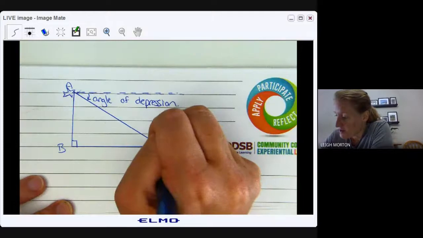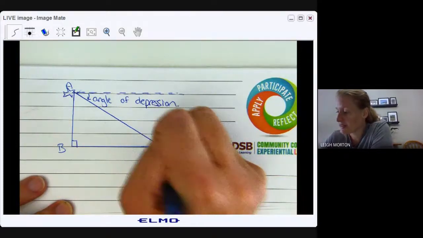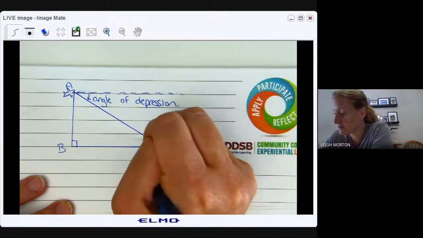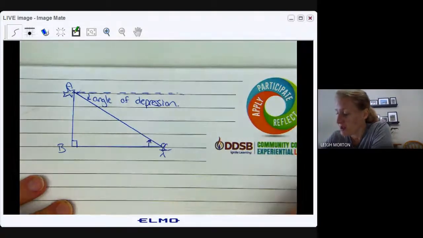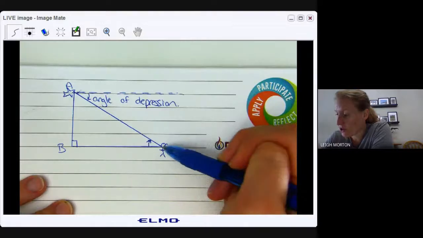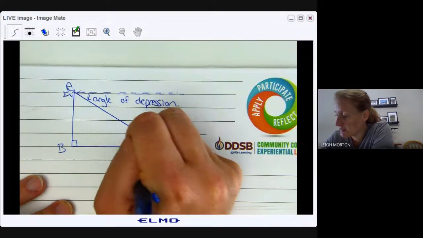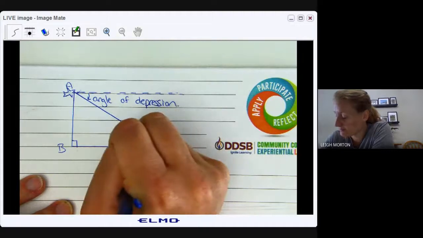The other way that we may see for angle of elevation is if someone on the airport looked up and saw the plane, the angle from, again, the horizontal up to the sight line is the angle of elevation.